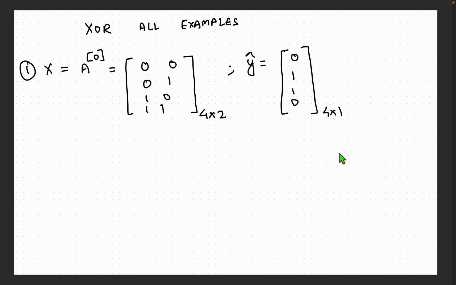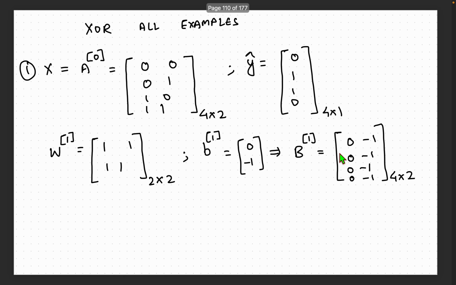Okay, so now let's work out our XOR example end to end with all the examples we have. In XOR, we have four different possible inputs, and here we are showing four corresponding outputs, the ground truth for each of these examples. We are going to use the same weights that we showed in the diagram previously.